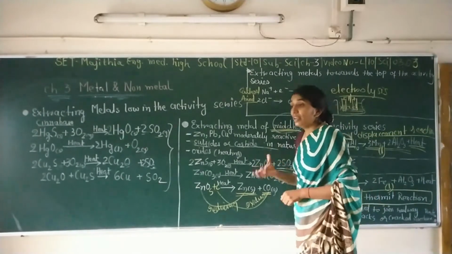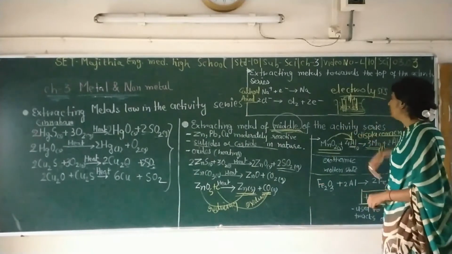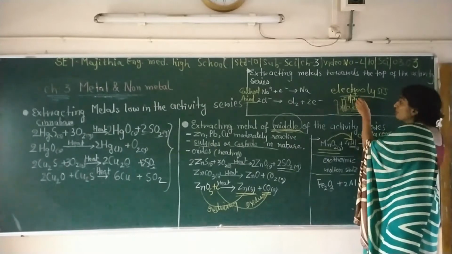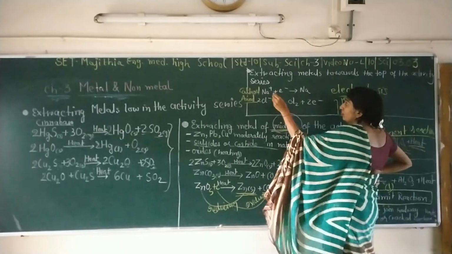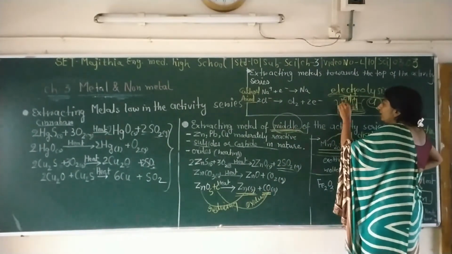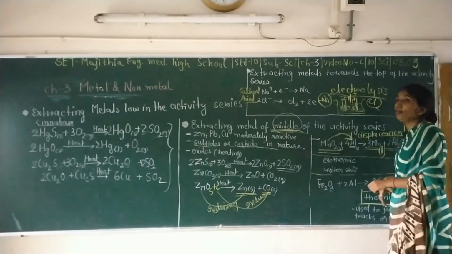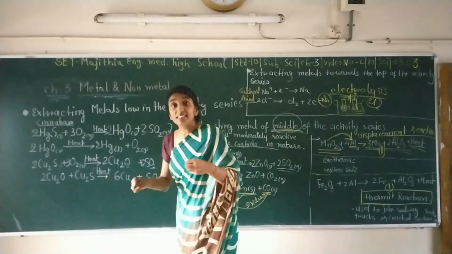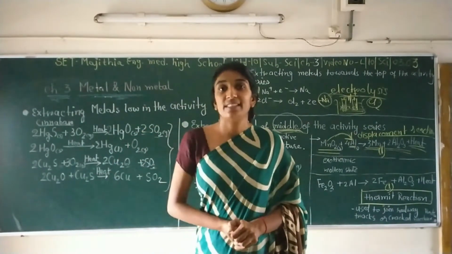So as the battery is connected, on the anode, which has a positive charge, we will get chlorine in the gaseous form, and at the cathode, which is a negatively charged electrode, I am going to get the deposition of sodium metal. So this is how we are going to extract this metal from its ore.